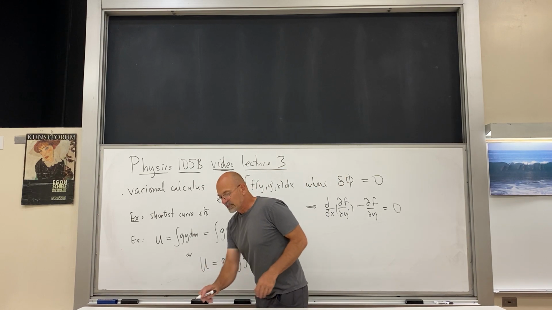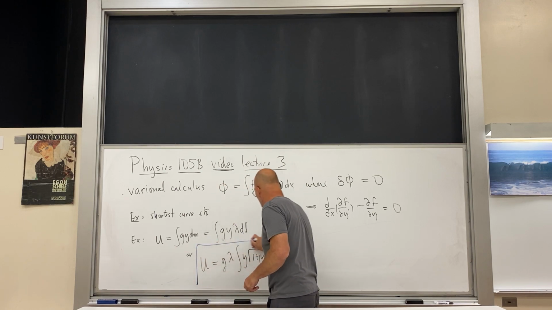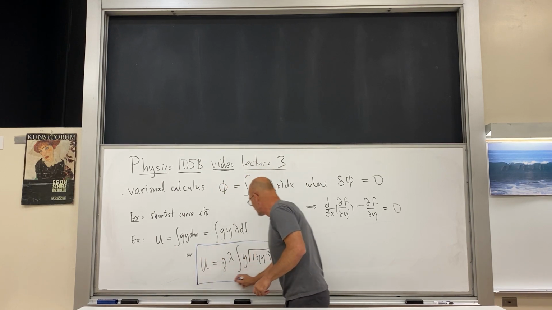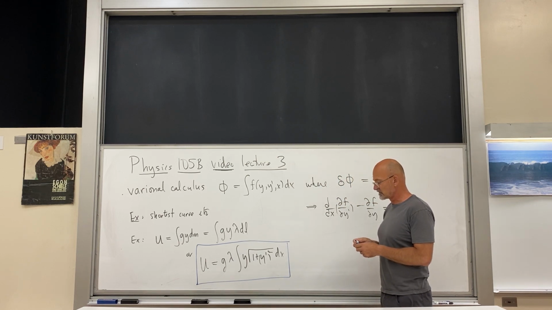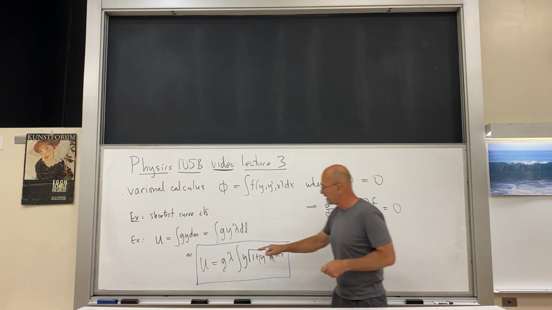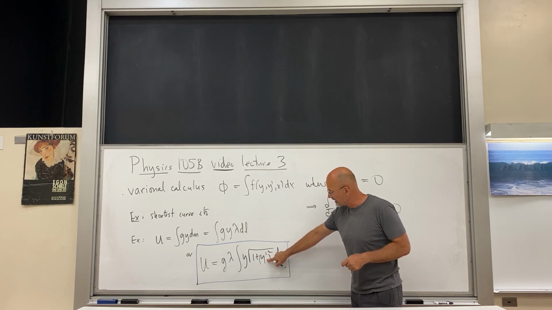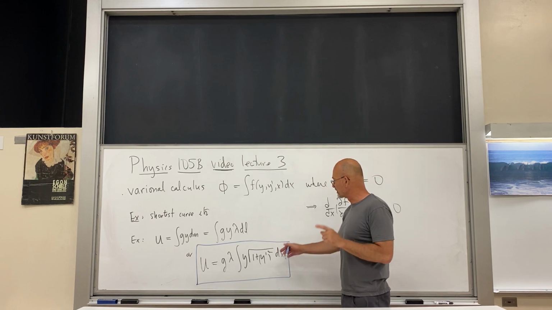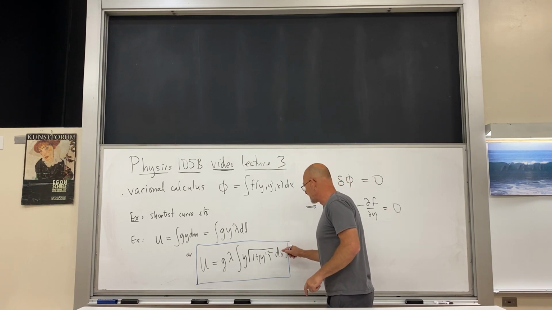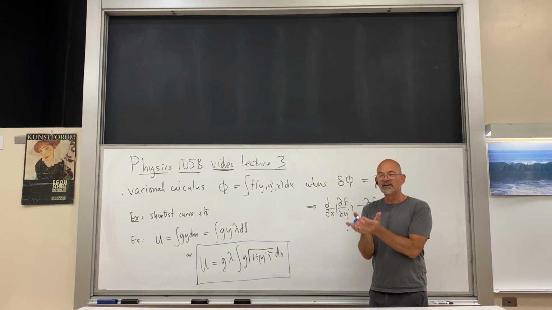So this example, and then we had this as a homework: show that the minimum of U occurs for the function that is the catenary. So I was claiming that there's a principle here that the potential energy is minimized.